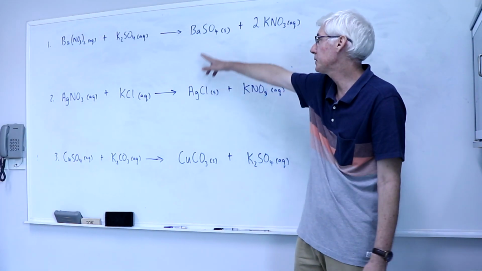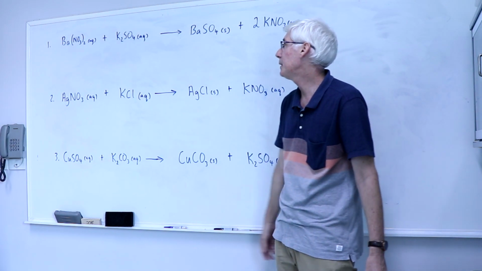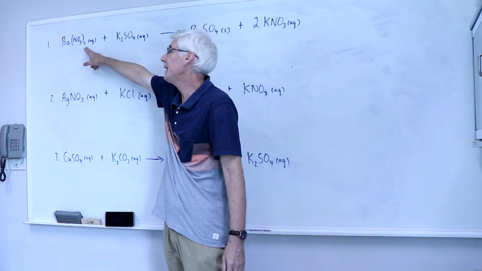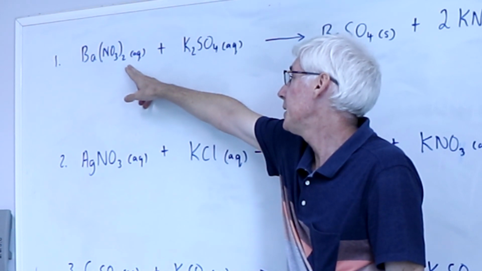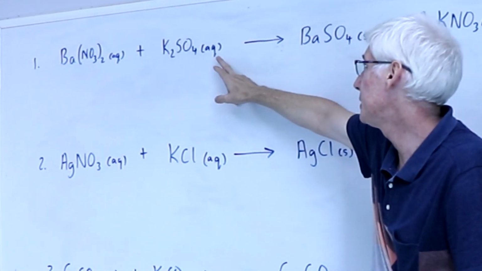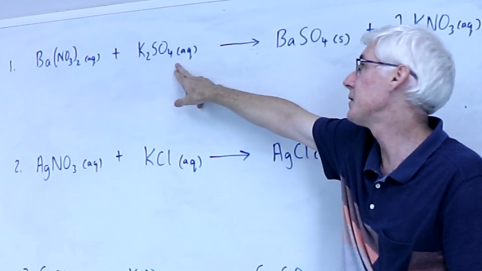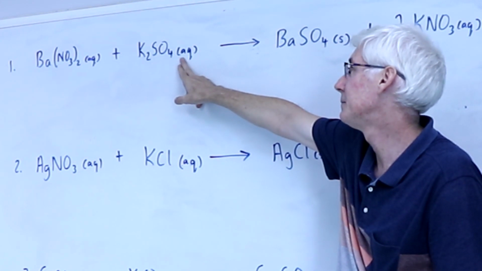If you have a look at the first equation on the board, I'm going to add a solution of barium nitrate. This solution is dissolved in water, it's soluble. I'm going to add it to another solution, potassium sulfate, again dissolved in water, so it's aqueous.